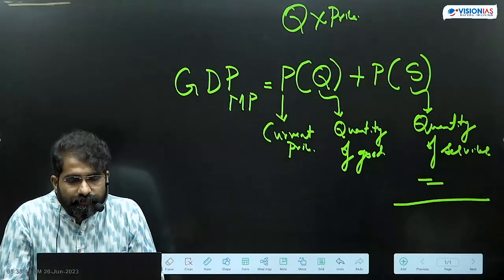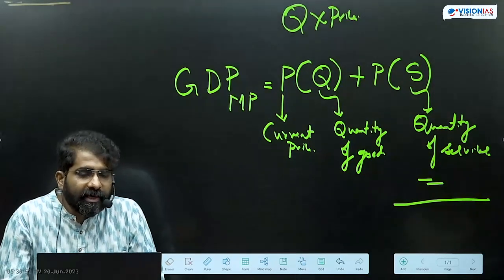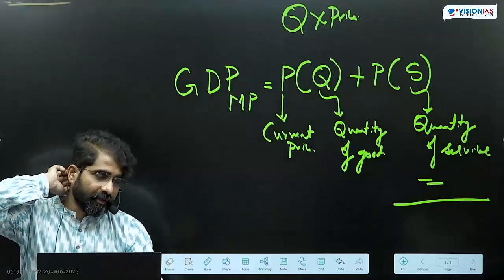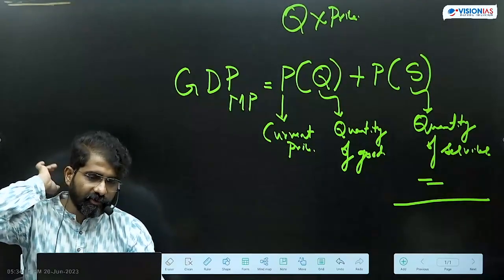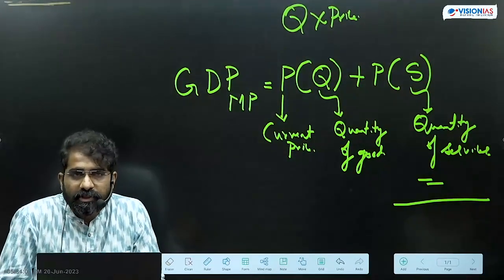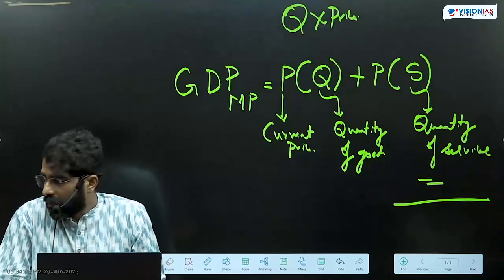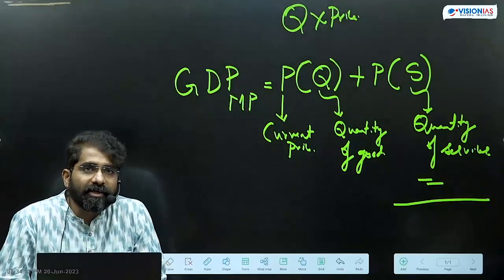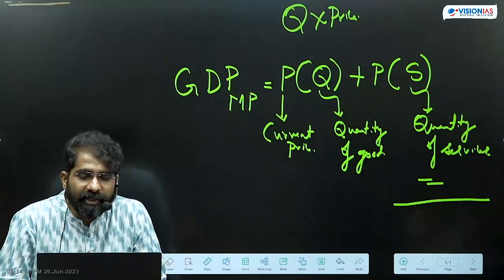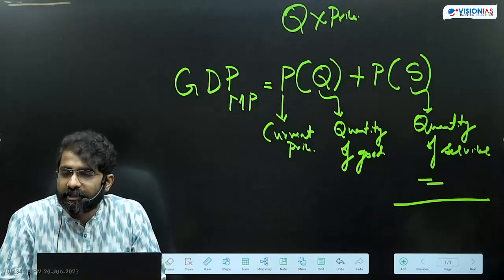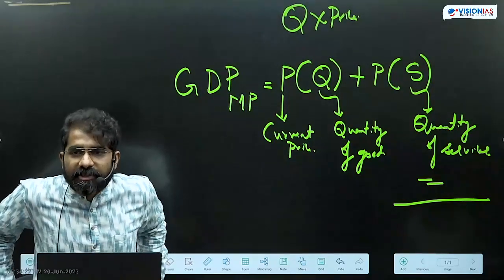Next point. Net value added at factor cost is equal to net value added, not GVA, I'm making it NVA. Net value added at factor cost is equal to gross output minus intermediate consumption minus depreciation.